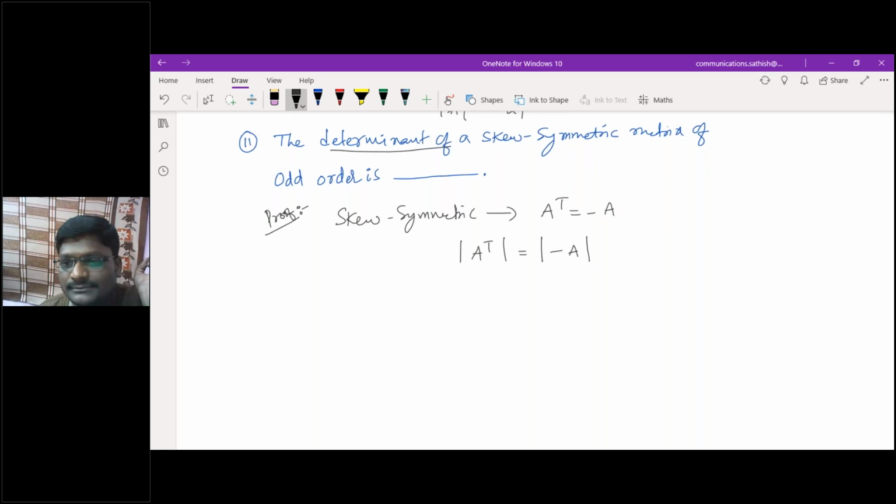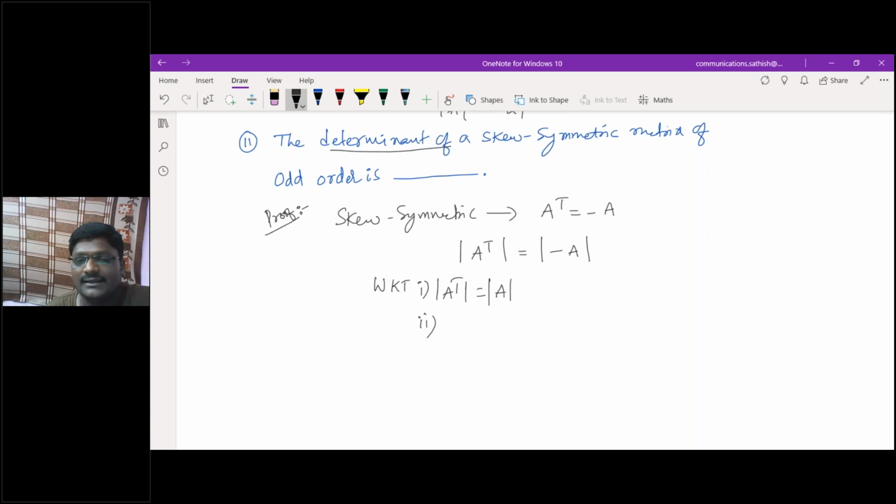Am I audible? Yes, sir. We know that mod A transpose is the same as mod A only. That is mod A. Am I correct?